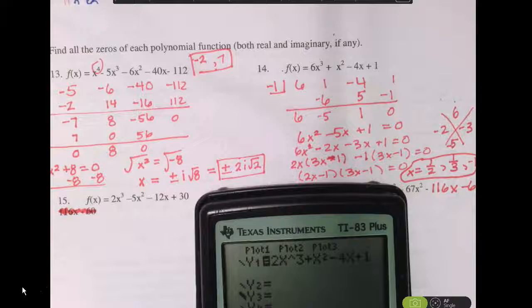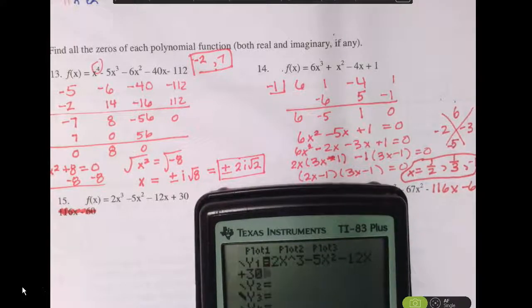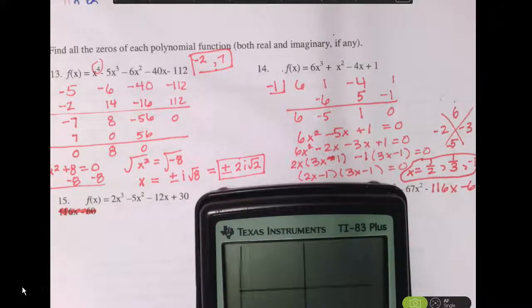So 2x to the third minus 5x squared minus 12x plus 30. Okay, let me zoom 3. So it looks like all of my zeros are decimals.